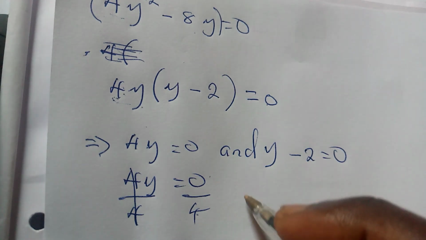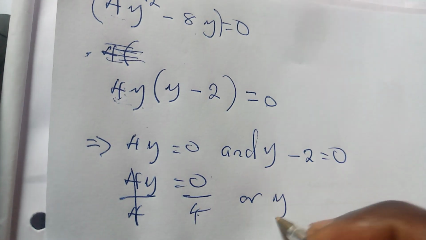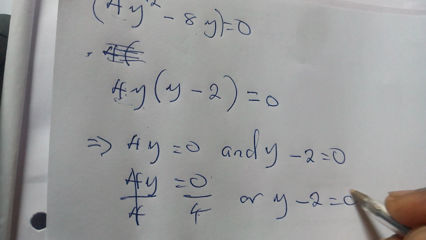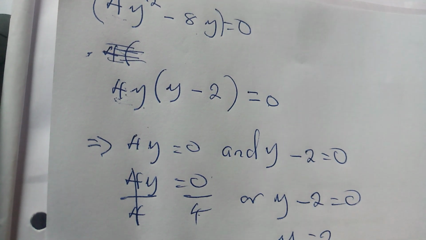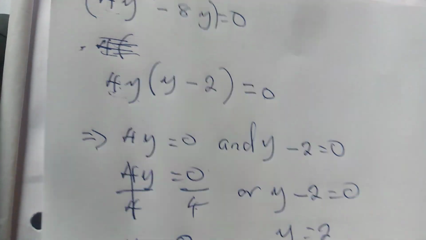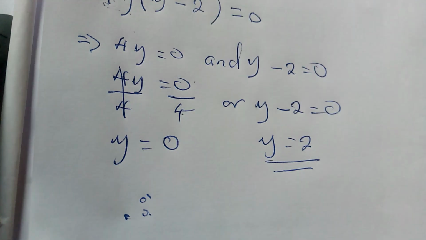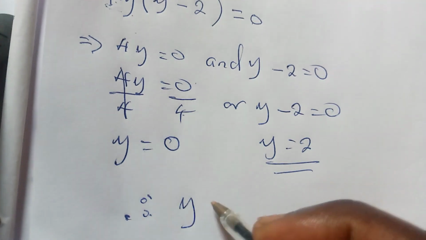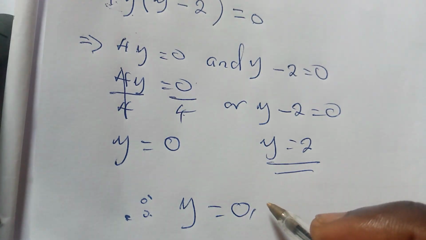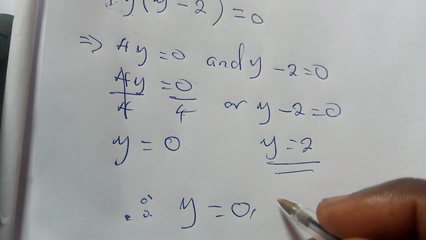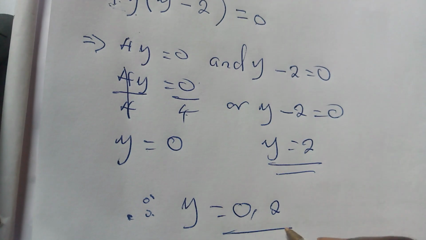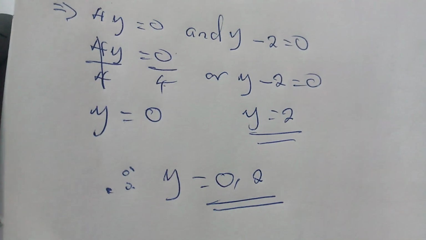And then y minus 2 equal to 0 gives y equals 2. So therefore the values for y are 0 and 2. These are the two answers for y.